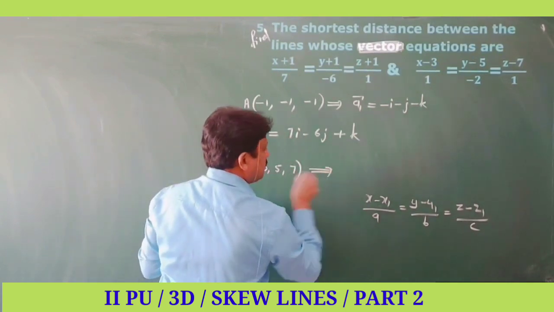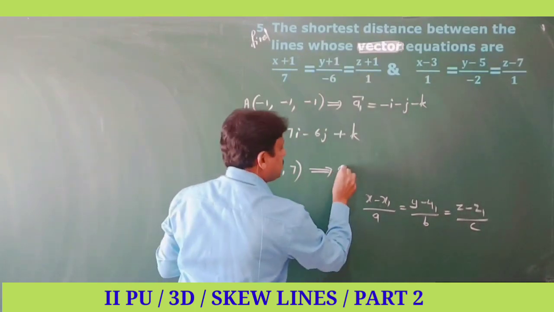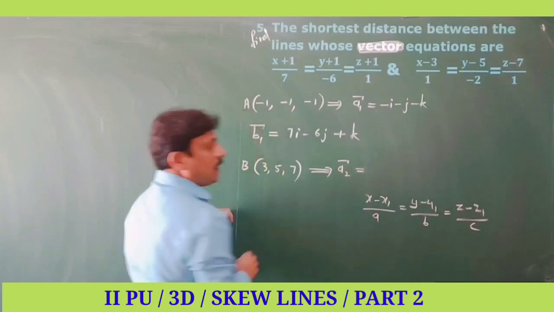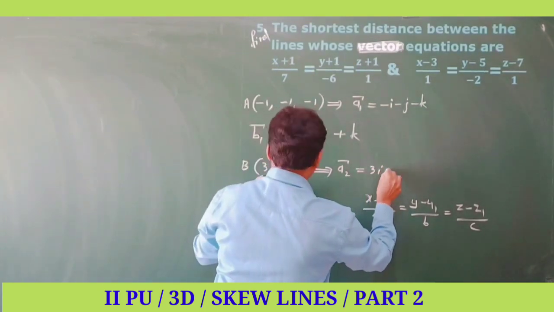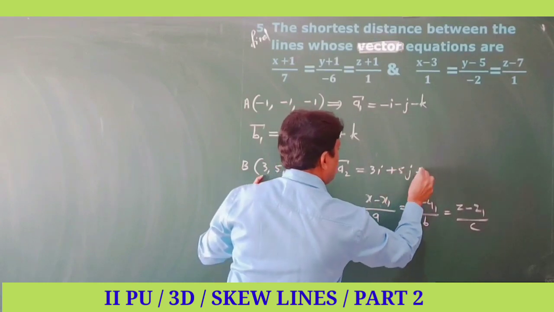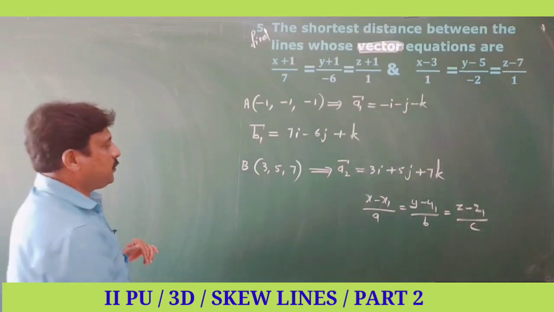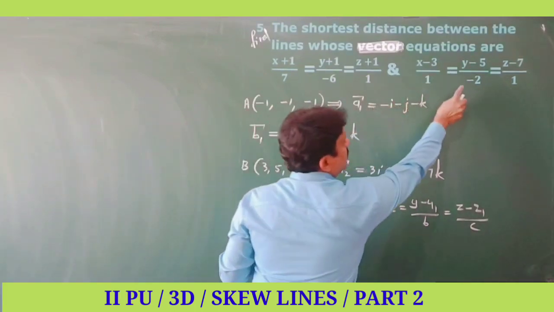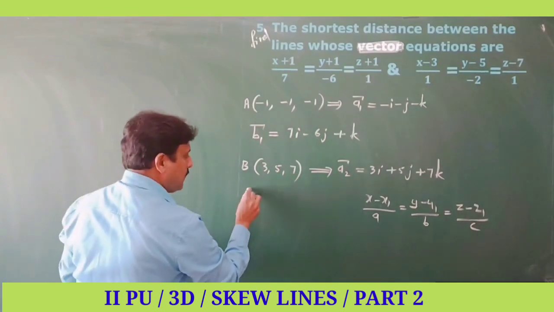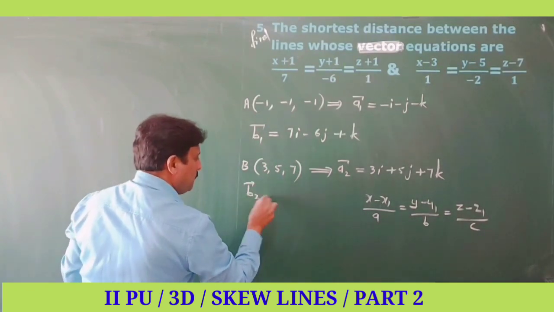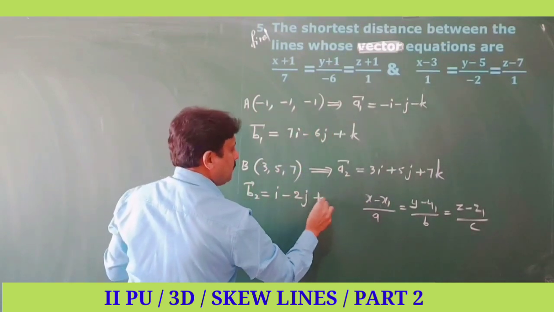Call this position vector of the second line a2. In the formula we need a2, so a2 equals 3i plus 5j plus 7k. Okay, next 1, minus 2, 1 are the direction ratios of the second line, call that vector b2. b2 equals i minus 2j plus k.